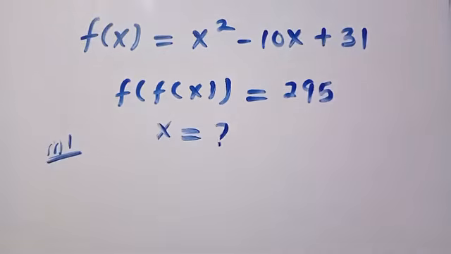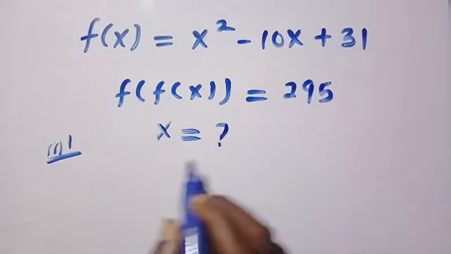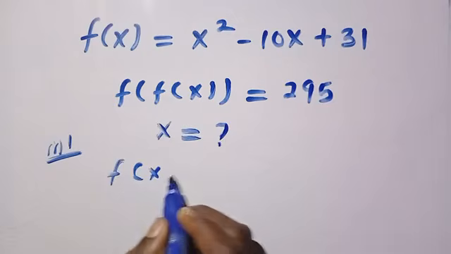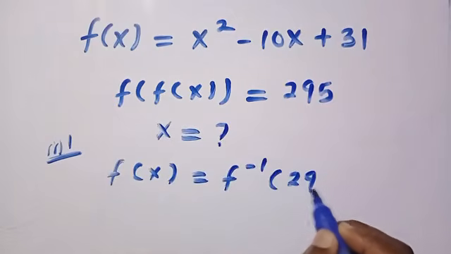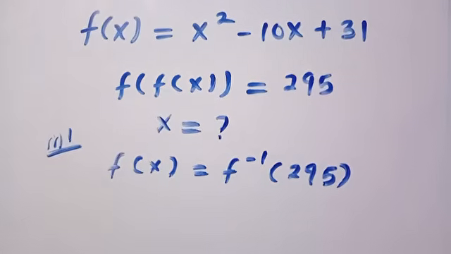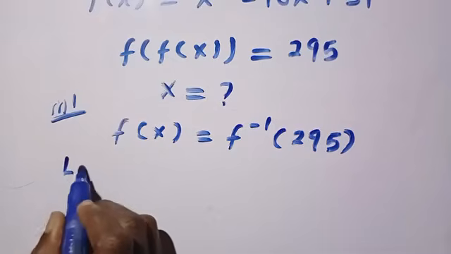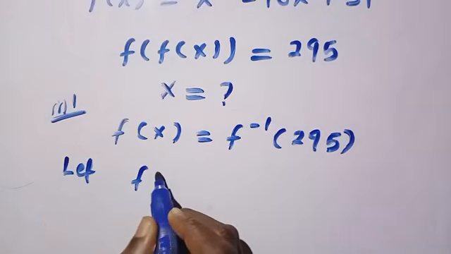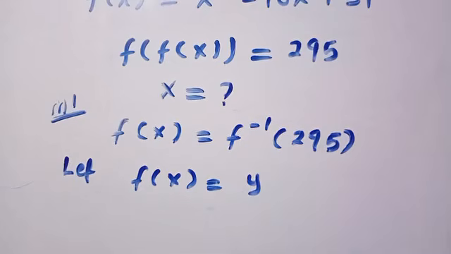If I take the inverse of this, we are going to have f of x equals f inverse of 295. After taking the inverse, let f of x equal y.